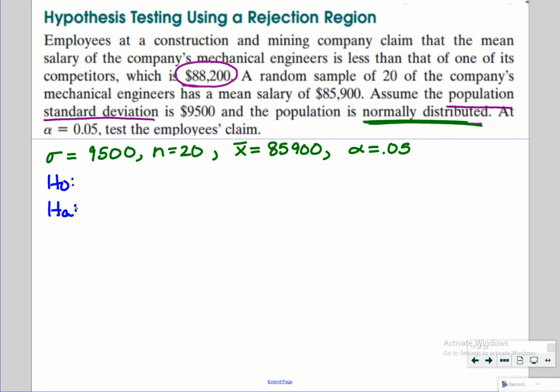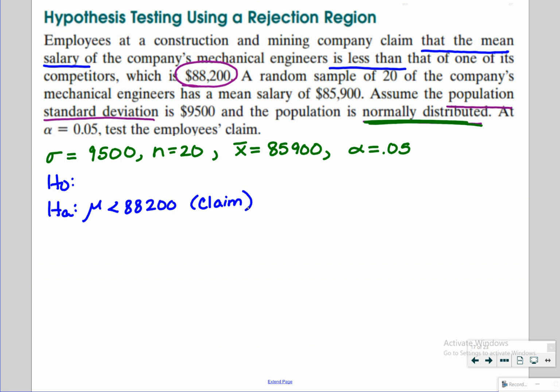The claim here is that the mean salary of the company's mechanical engineers is less than that of its competitors, 88,200. So the mean salary is less than 88,200. Is that going to be a null or alternative? Alternative. And we're always hypothesizing for now about the mean, less than 88,200, and we label it the claim.